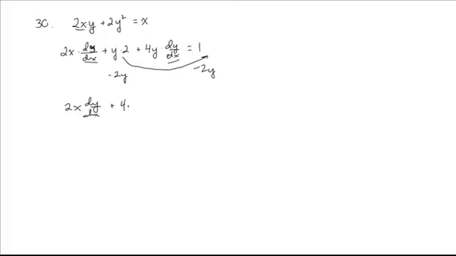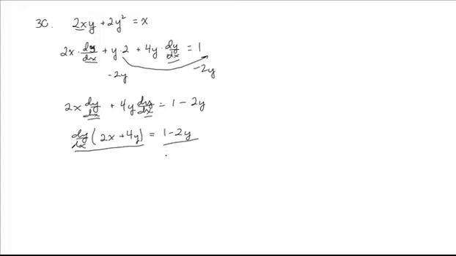This is what's left on the left-hand side, 4y dy dx. This is always going to be part of your strategy with implicit differentiation. 1 minus 2y, excuse me. Because now on the left-hand side, I can factor the dy dx out. So dy dx times 2x plus 4y equals 1 minus 2y.